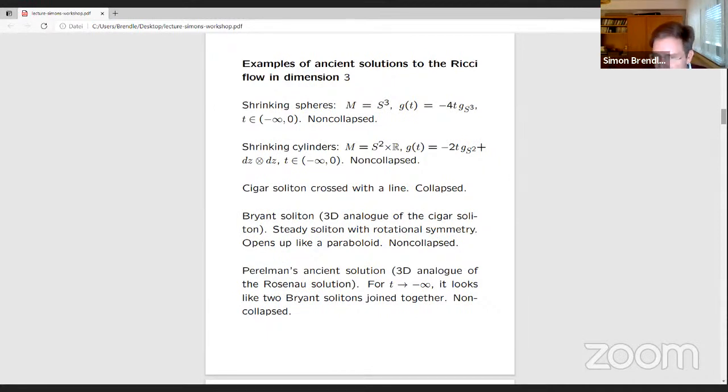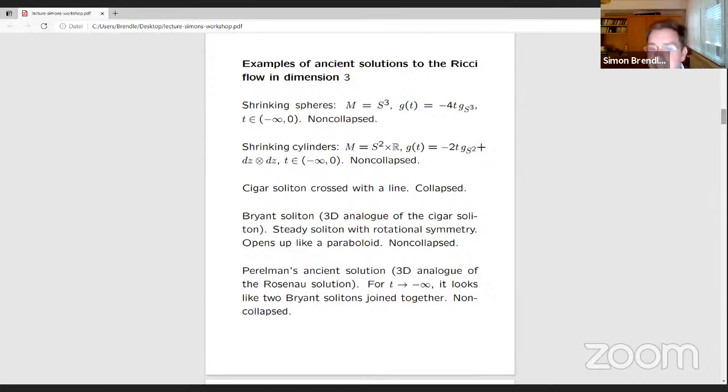And so this solution, unlike its 2D counterpart, is actually non-collapsed, because there's enough volume: if you look at the appropriate ball, it has enough volume, and the ball cannot get too large because of the curvature condition.